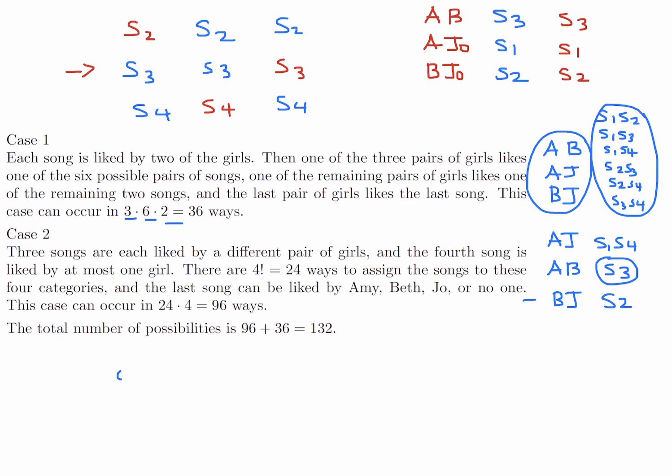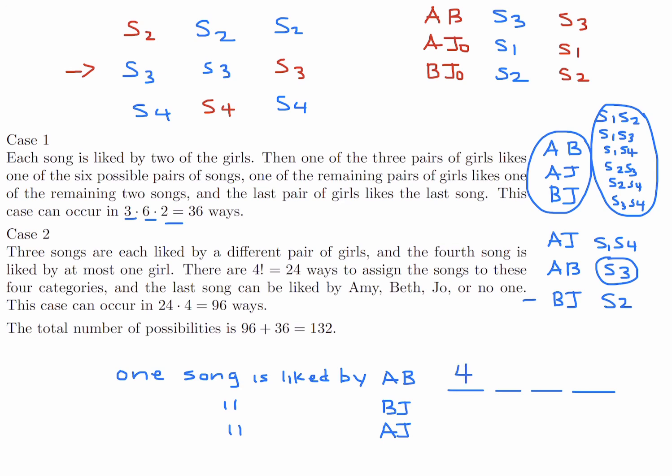So one song is liked by AB, one song is liked by BJ, and one song is also liked by AJ. So for the first pair of girls, there's 4 possible songs that they could like. S1, S2, S3, or S4.